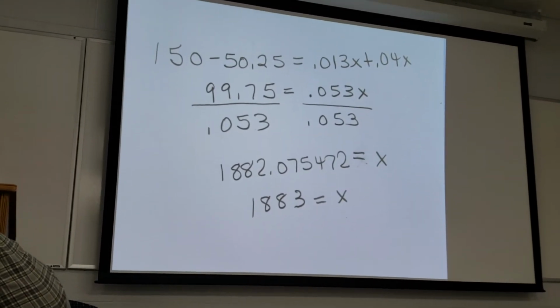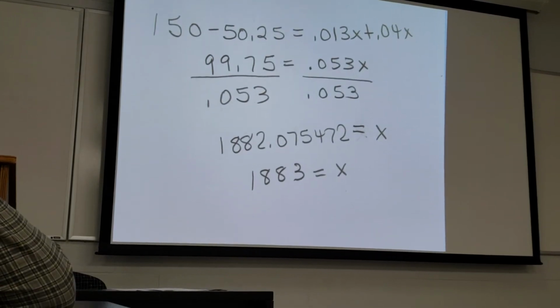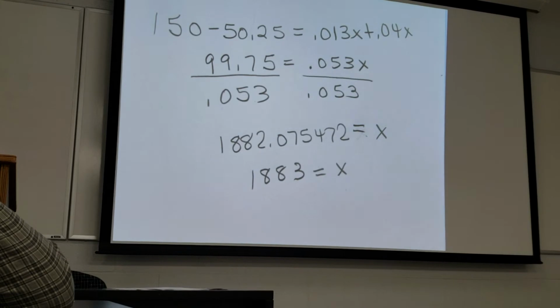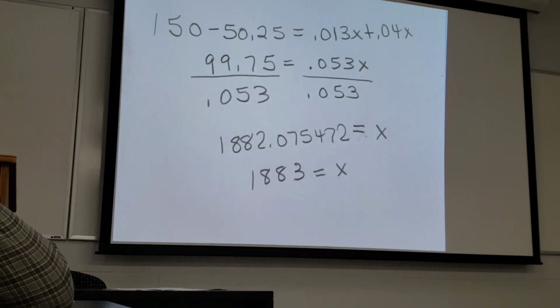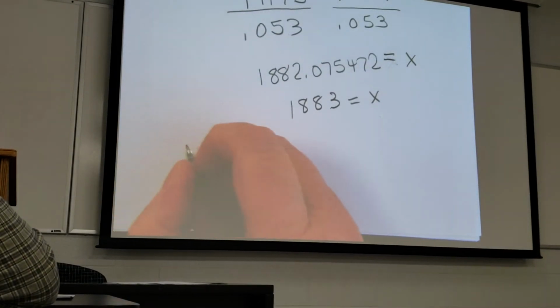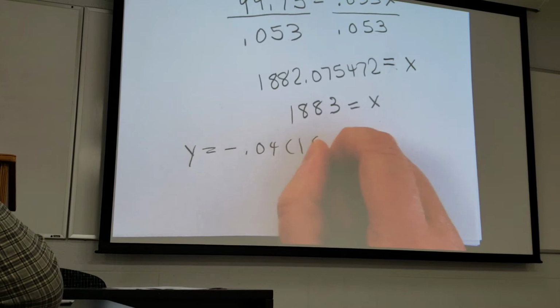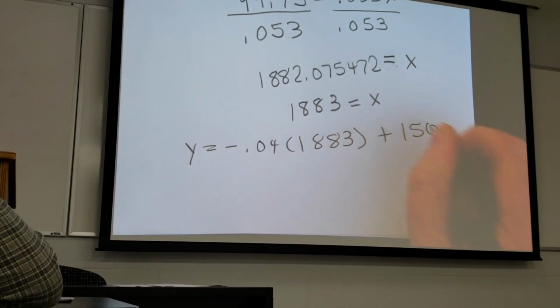Either the supply or the demand of negative 0.04x plus 150, or the other one. Doesn't matter. So I'm gonna just pick the demand. So y is equal to negative 0.04 times 1,883 plus 150.